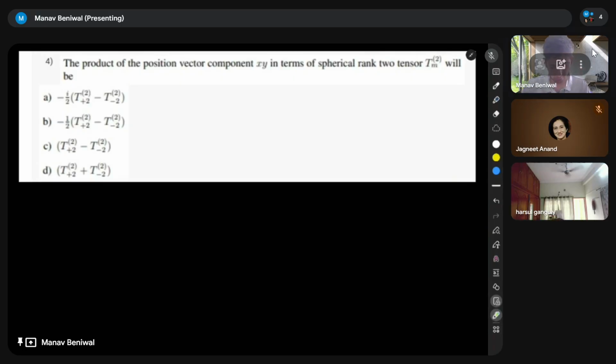Okay. So what is the problem saying? That we have a product of position vector xy in terms of spherical rank 2 tensor. Notice that this is a rank 2 tensor.